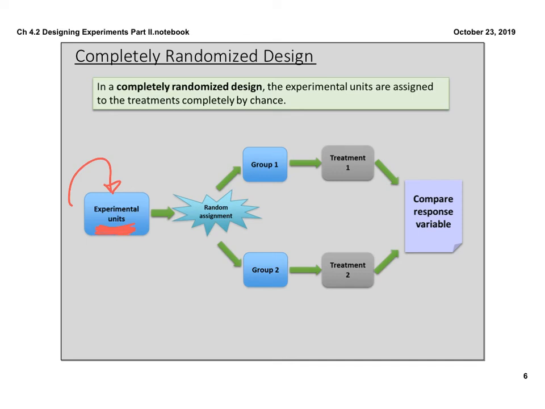Then once you have your experimental units, you hop over here to the random assignment piece. When you randomly assign your subjects to group 1 and group 2, or group A and group B, sometimes there's more than 2 treatments. This is just the most basic experiment, which would be 2 groups. You have treatment 1, you have treatment 2. Hopefully, ideally, you want these to be double blind.